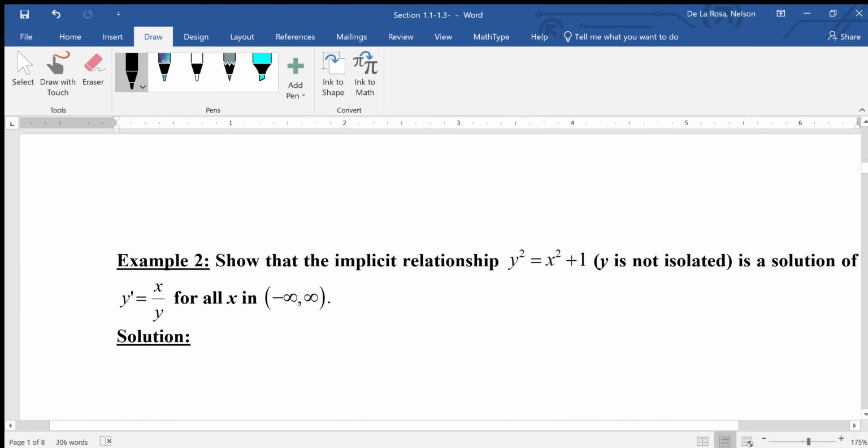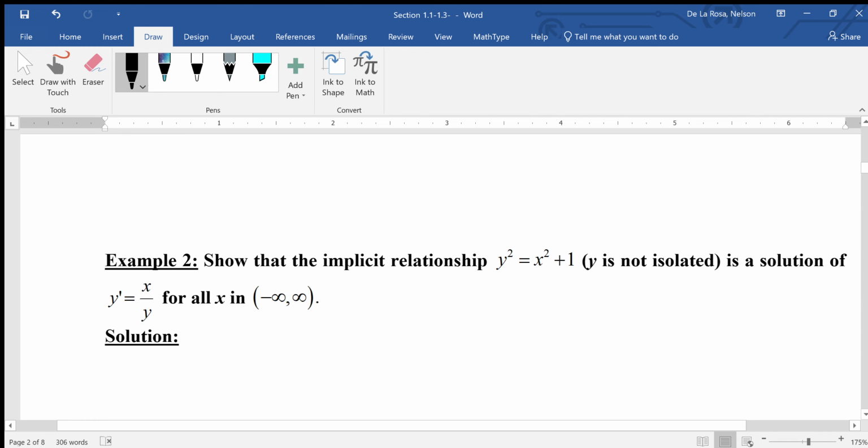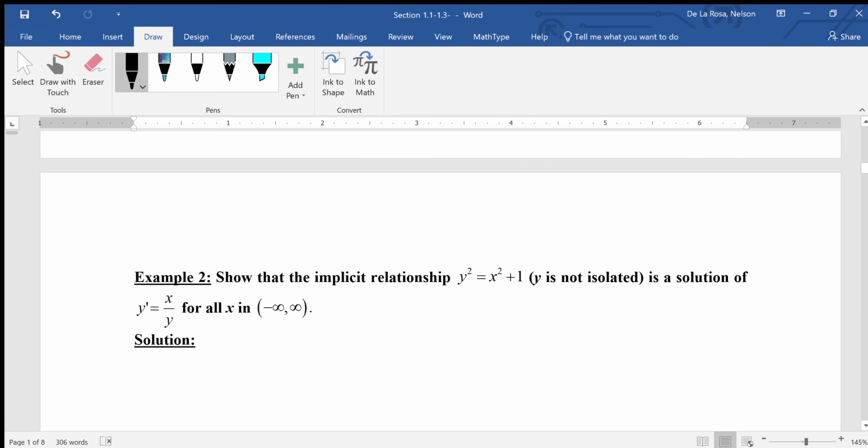Example 2. Show that the implicit relationship given by this formula is a solution of y prime equals x divided by y. The relationship is implicit because y is not isolated. Y is not alone.